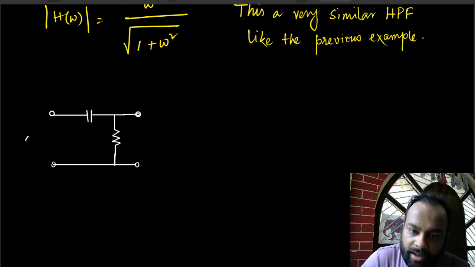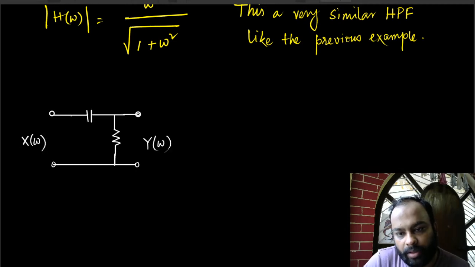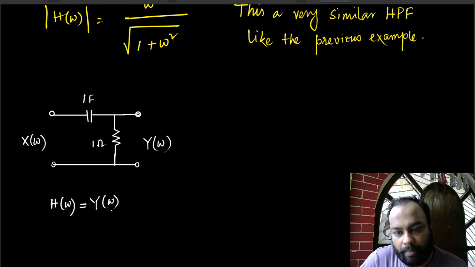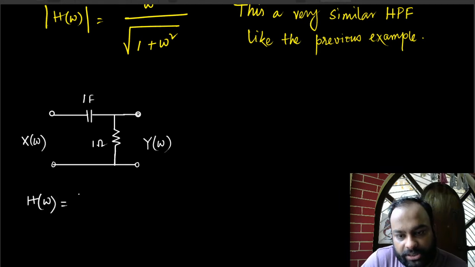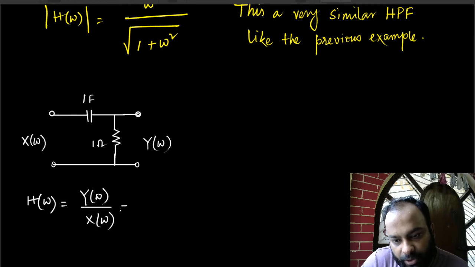If this is the input and this is the output, and this is 1 farad and this is 1 ohm, then the frequency response is Y(ω) by X(ω).